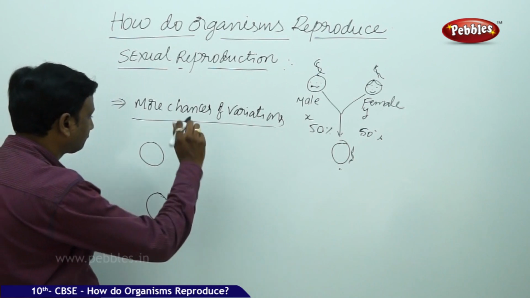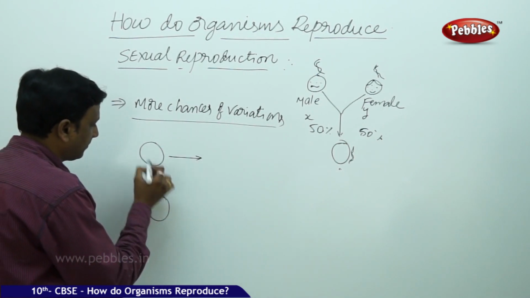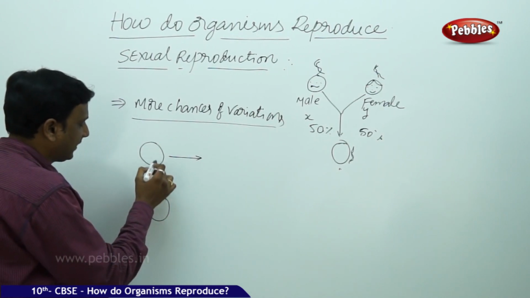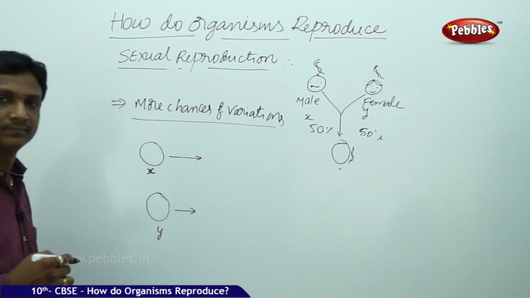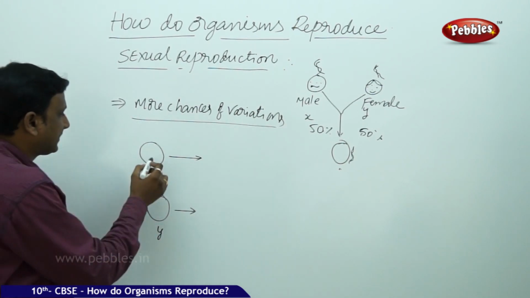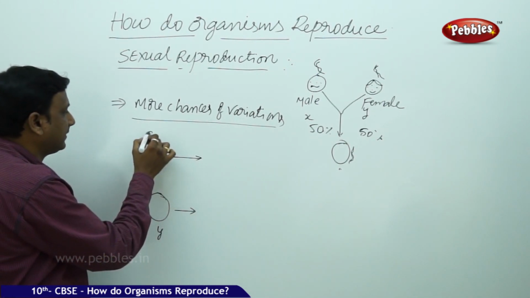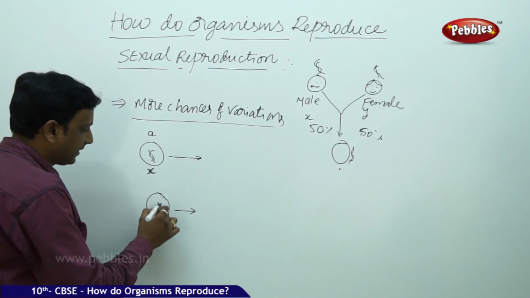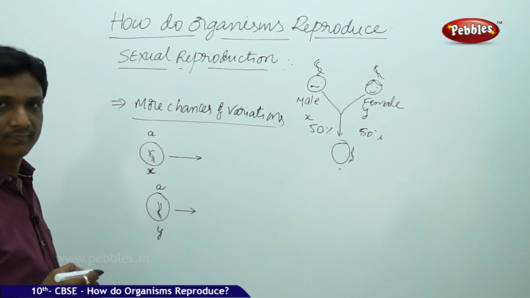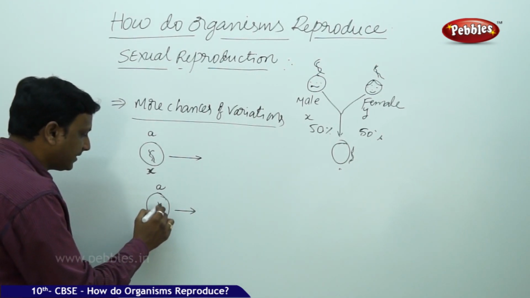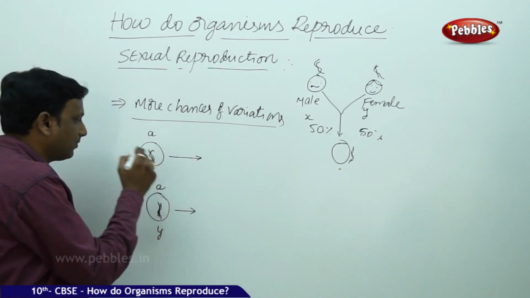Let us see here. We consider this is one organism X and Y. X contains the genetic material A, and Y contains genetic material A. This genetic material, the DNA, is in the form of chromosomes, and here also it is in the form of chromosomes.